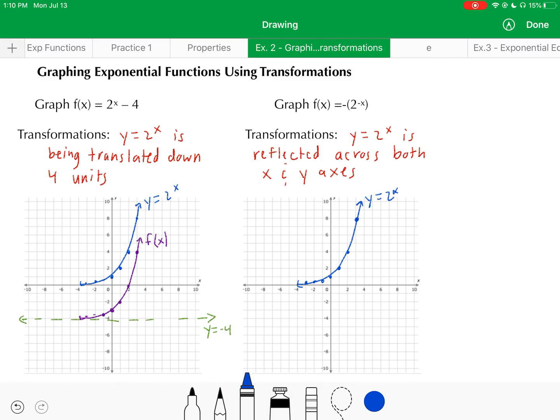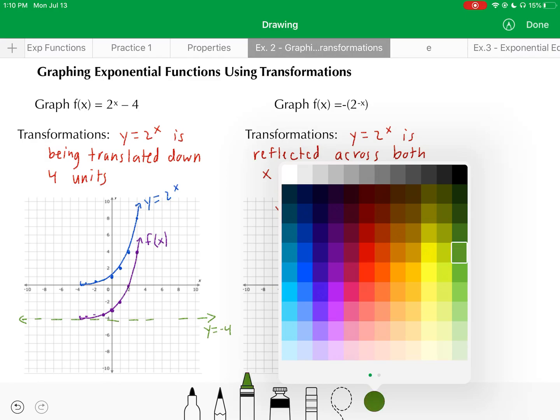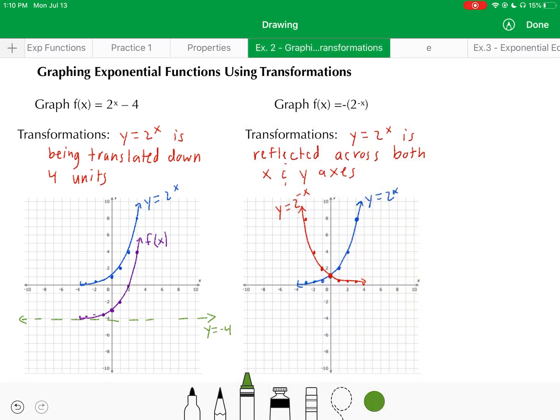So that's going to give me a reflection across the y-axis, which is changing the signs on all of my x coordinates from the original points. Notice the asymptote stays the same. And then I'll bring in the reflection across the x-axis now.